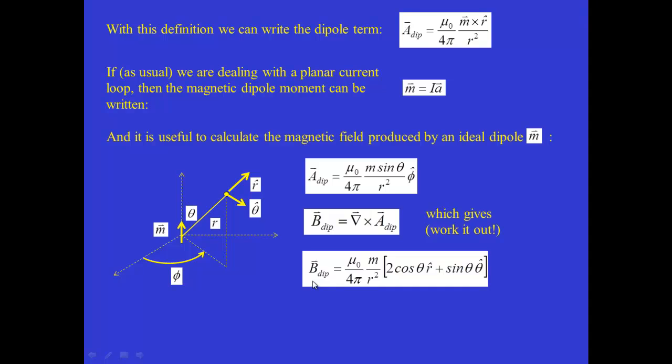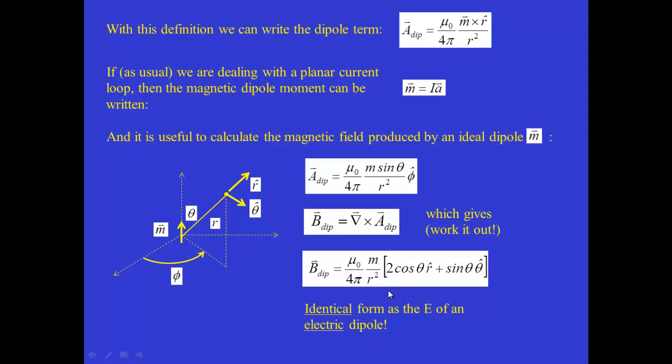And what's really, really amazing is that it turns out there's a very deep physical similarity between the magnetic field of a magnetic dipole and the electric field of an electric dipole, because this result here, apart from having a p in place of m and having a 1 over epsilon 0 in place of mu 0, the two expressions are identical to each other.